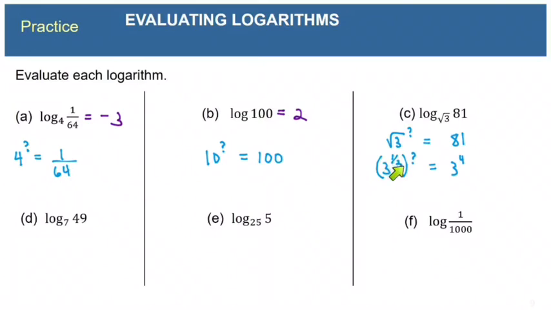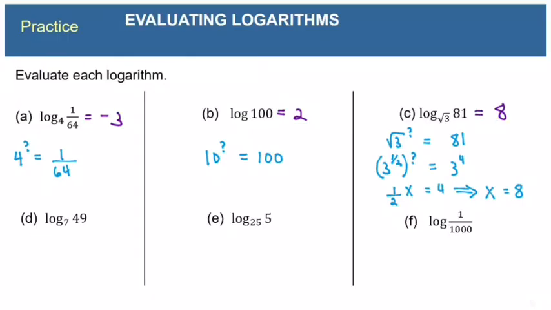So 3 to the 1/2 raised to some unknown power equals 3 to the 4th. Notice here that the bases are the same, so 1/2 times this unknown number equals 4. I'm going to write that in equation form, and then to solve this equation we could just multiply both sides by 2, and we would see that x would have to equal 8. So the log here that we were after is 8.